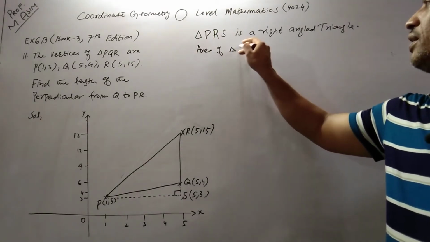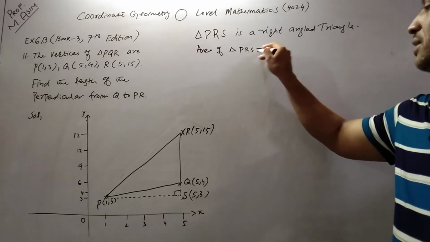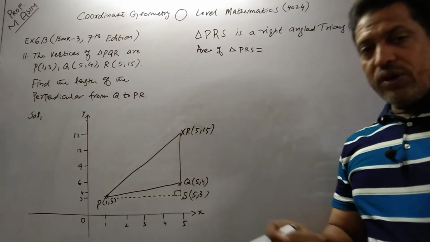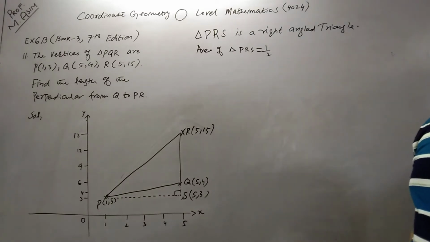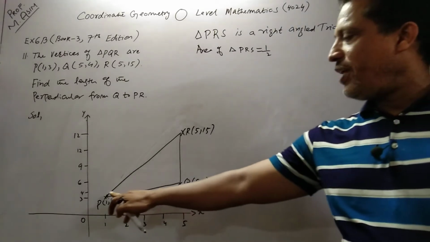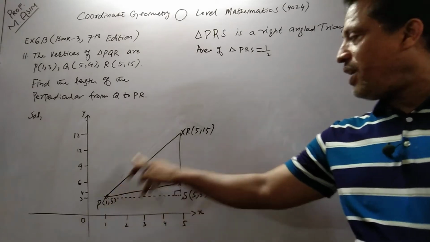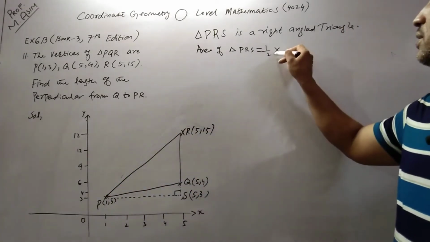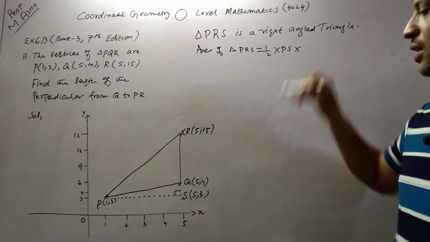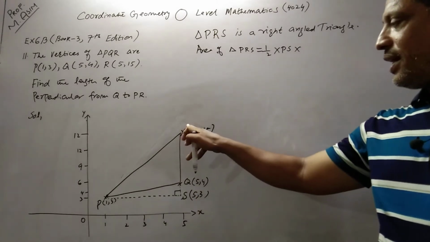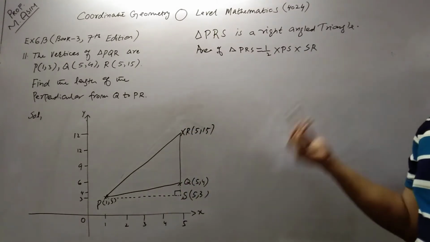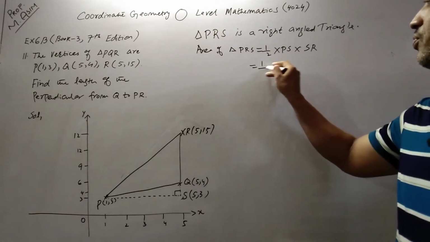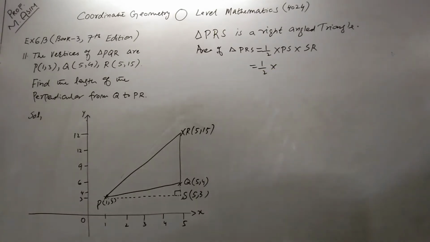Area of triangle PRS is equal to, what is the formula of the area of a triangle? Half into base. What is the base of triangle PRS? It is PS. And what is the height? Height is SR, or you can say RS, no difference. One half into PS.